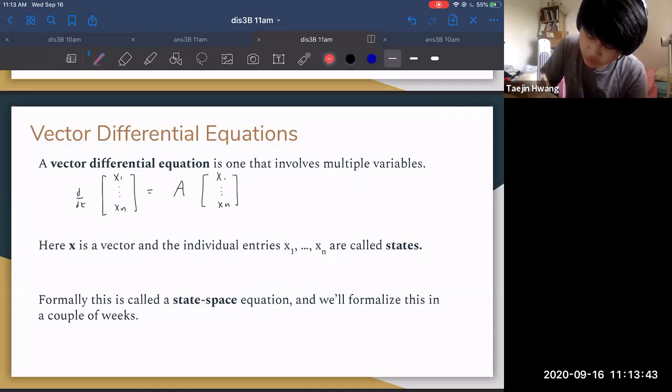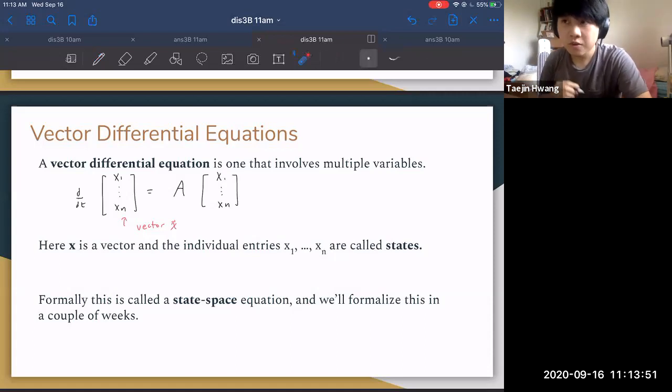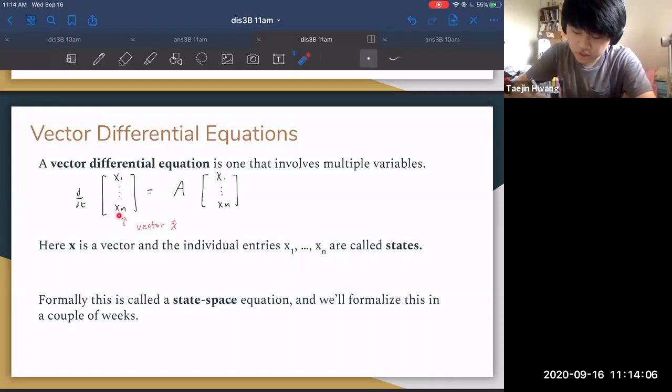So now we're going to call this a vector X. And again, this is a vector, and the individual entries of these vectors, x1 all the way up to xn, are called the states.